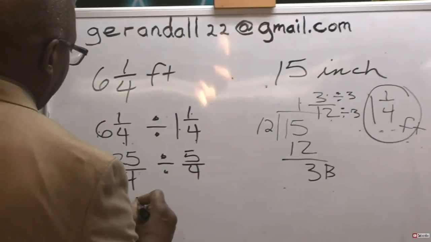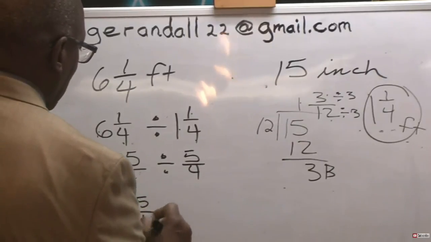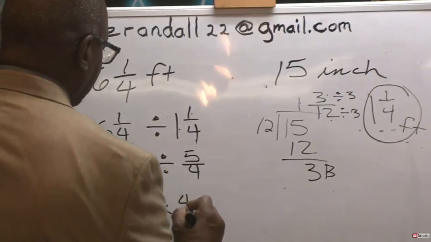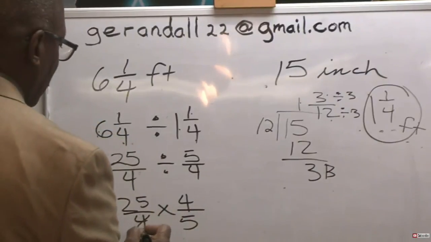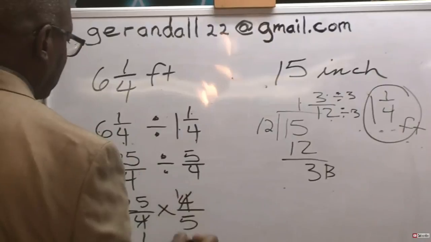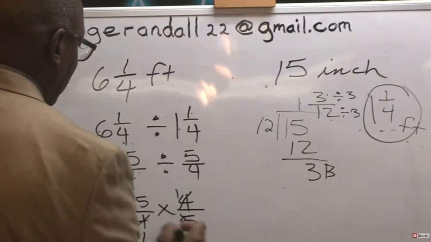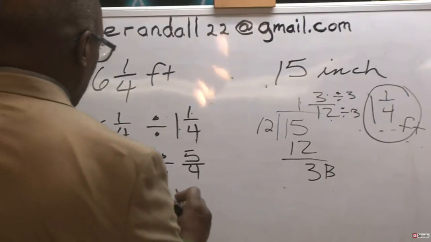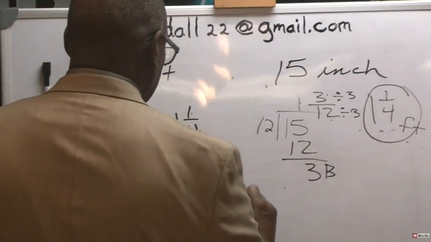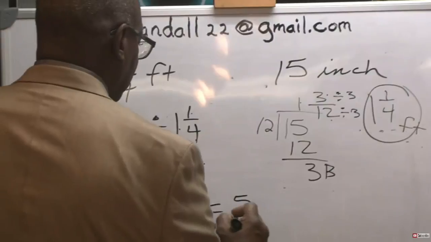Repeat the first fraction, multiply by its reciprocal. 5 into itself once, 5 times 5, 1 times 1.